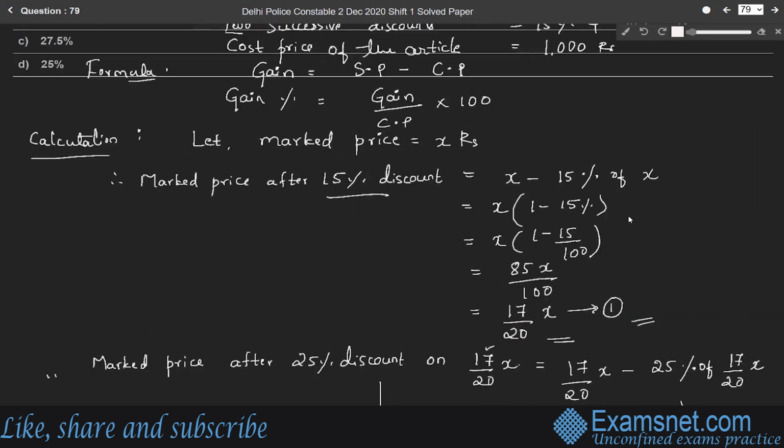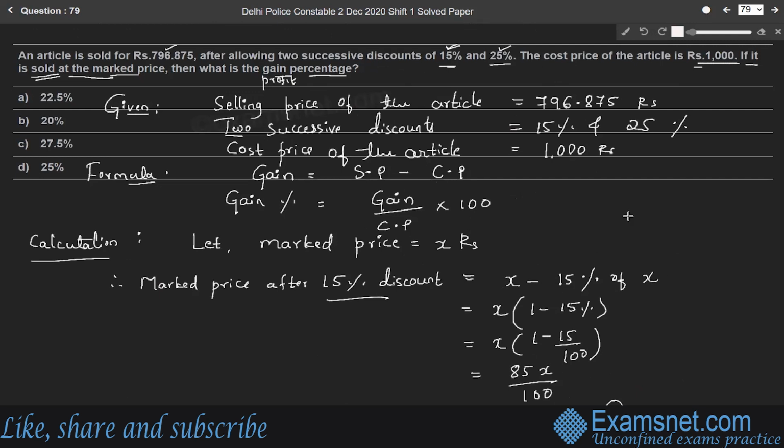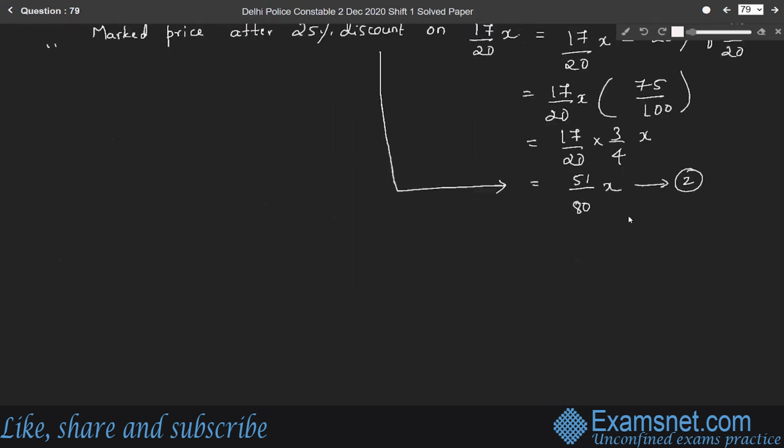So what is given in the question? After allowing two successive discounts of 15% and 25%, an article is sold for 796.875 rupees, right? Therefore, so after allowing two successive discounts, we have got 51 by 80x is equal to the selling price 796.875.